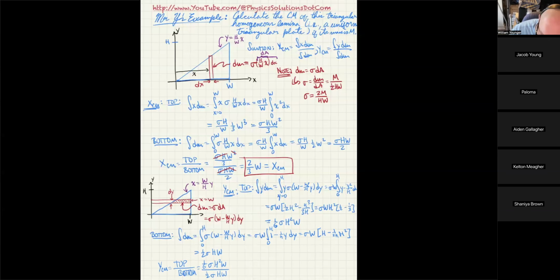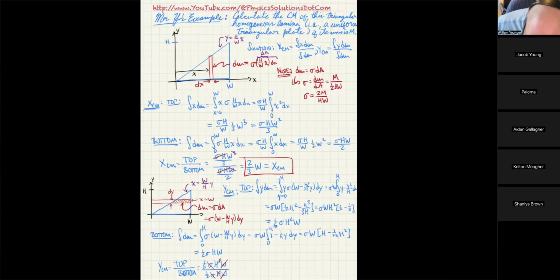So we can see that the w's cancel out this time, w and w. The sigmas cancel out this time, and of course, one of the exponents on the h does. So now the 1 half is going to become a 2 in the top, and the 1/6 is going to become a 6 in the bottom.